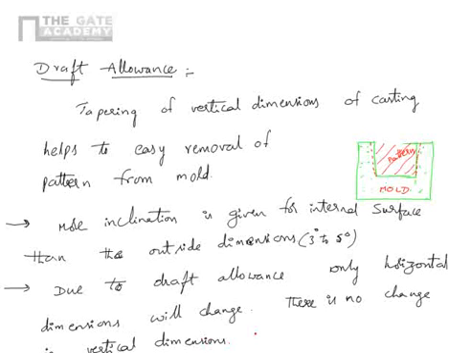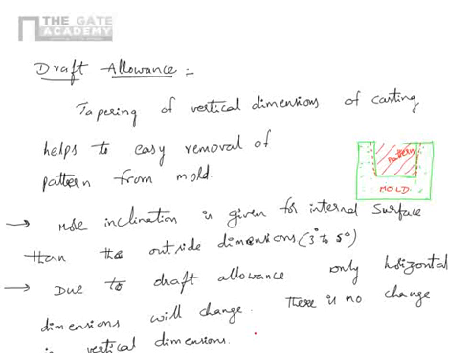Here, all these allowances are given for the pattern size, to calculate the pattern size. As we have discussed, with shrinkage allowance and machining allowance, the pattern size will increase for most of the metals. If you are using draft allowance also in that pattern, then you need to change only the horizontal dimensions.